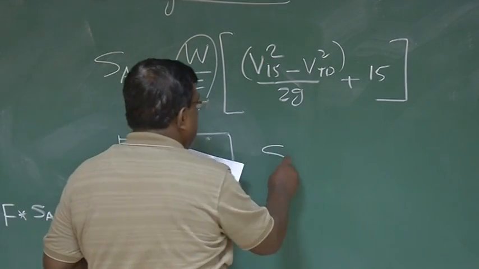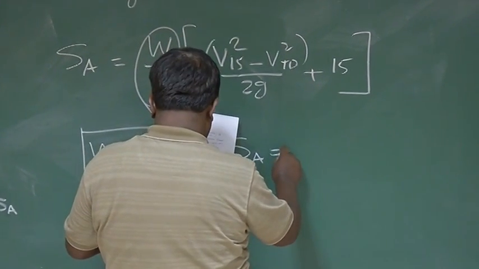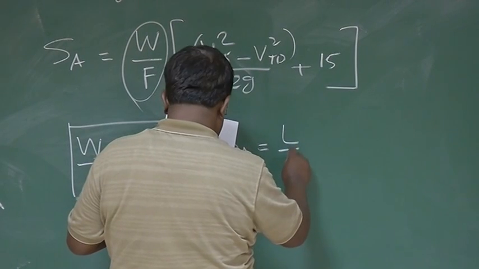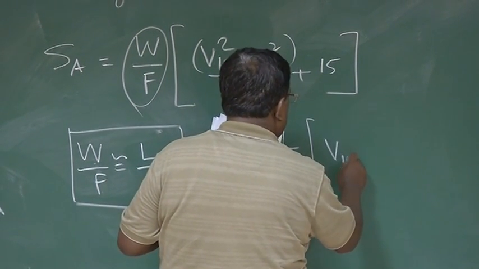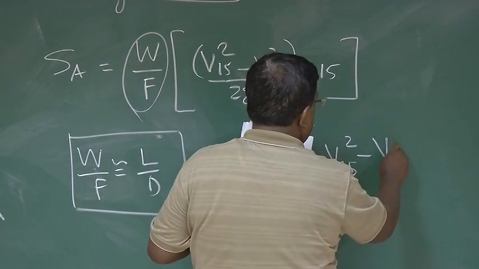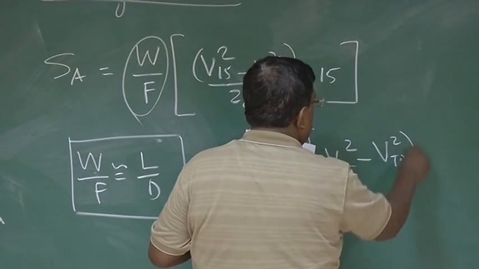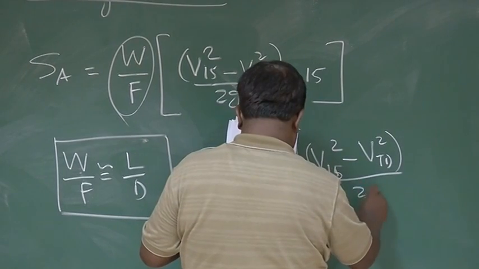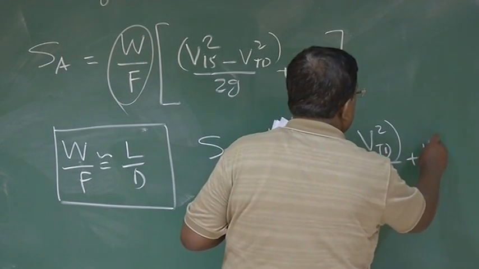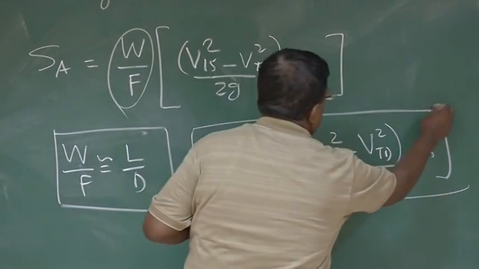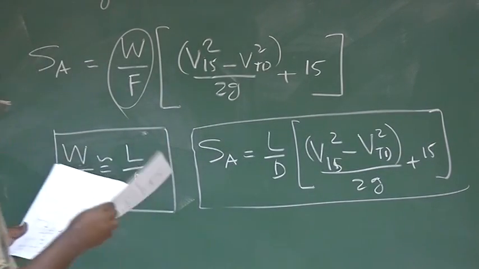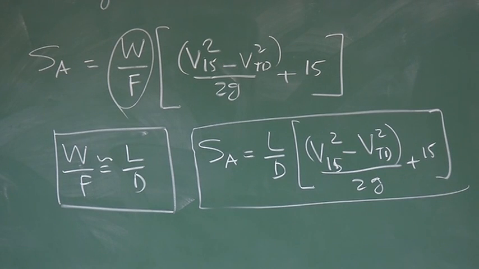I write SA is equal to L by D into V15 square minus V touchdown square by 2G plus 15. This will give in meters. Okay. So that is an approximate expression for your SA, which is the initial part.